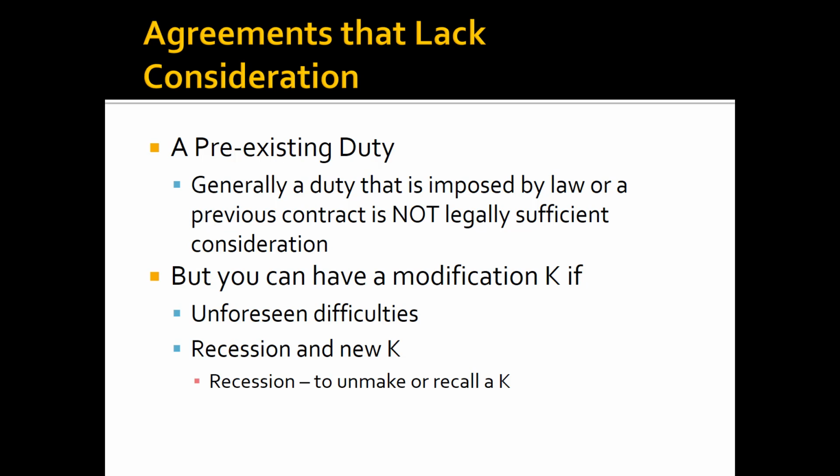You had a pre-existing duty to paint it for $1,000. I don't have to pay you another $1,000. If I have a duty to do something, it is not consideration if that duty already exists to more contracts. Now, here's an example where that happened, a true historical example.